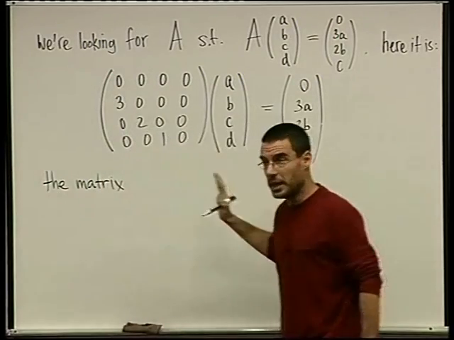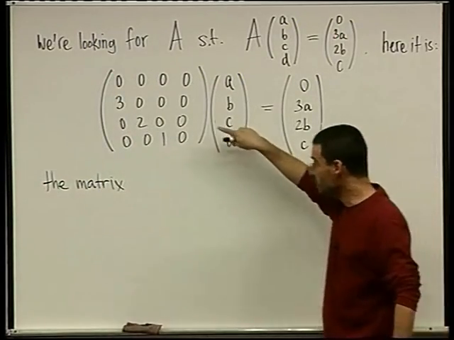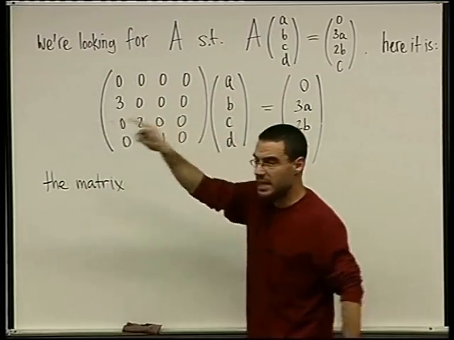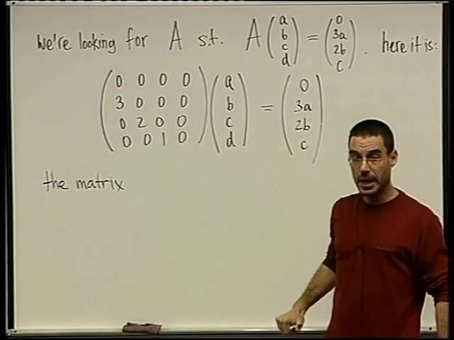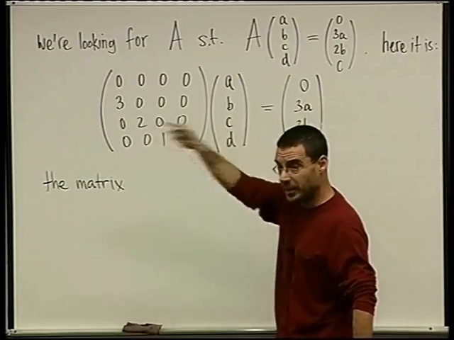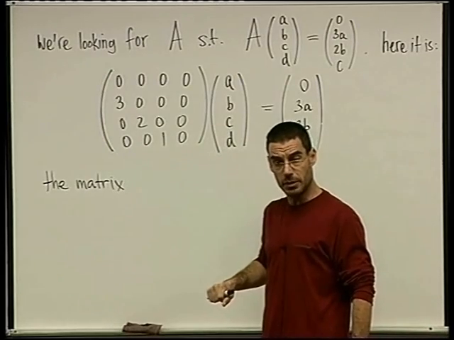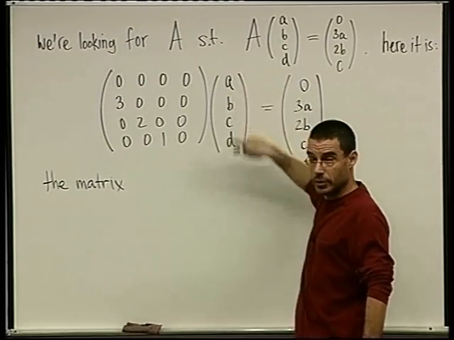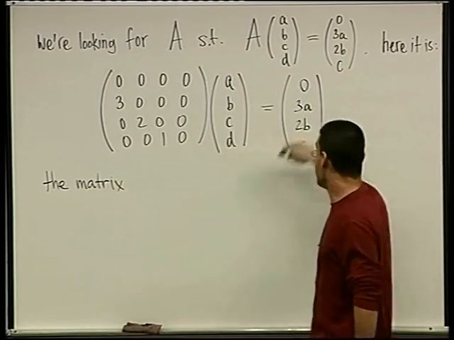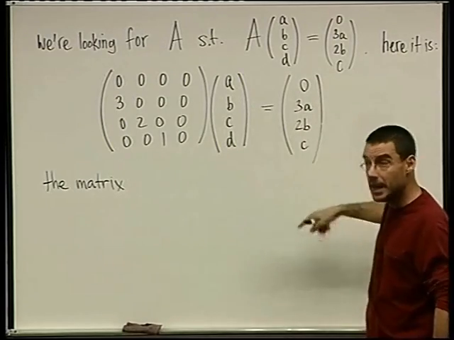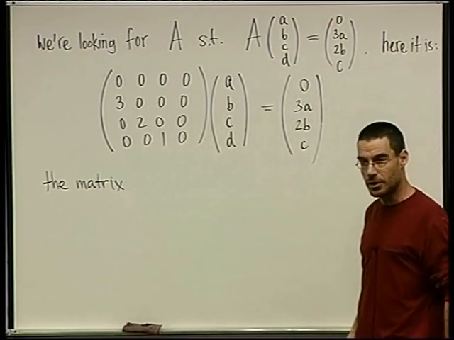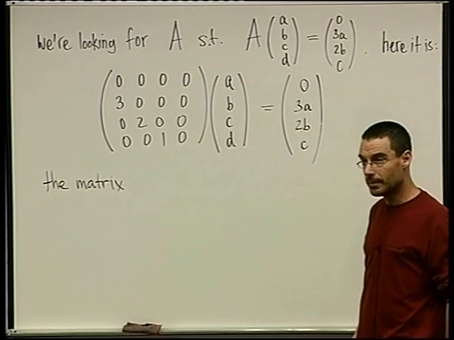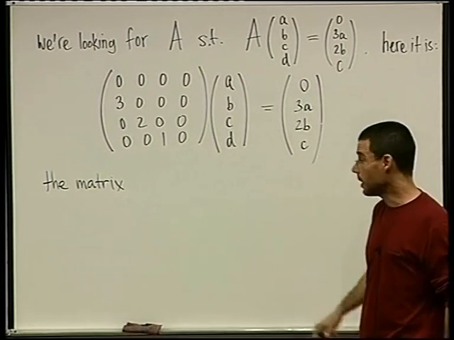So is it clear what just happened? Is it clear that this matrix represents that transformation, in the sense that if you take a polynomial of degree less than or equal to 3, encoded in terms of its coefficient vector, and apply A, you get precisely the derivative encoded in terms of its coefficient vector? Good? Is the idea clear? Okay.